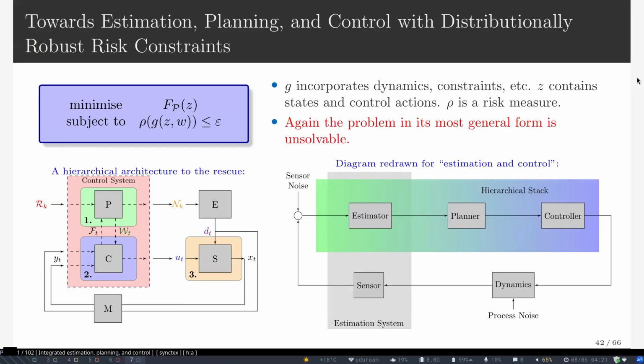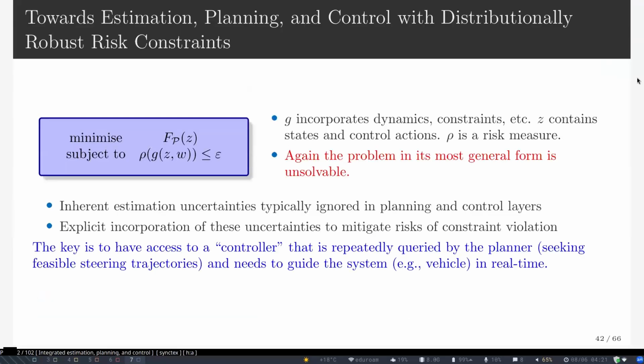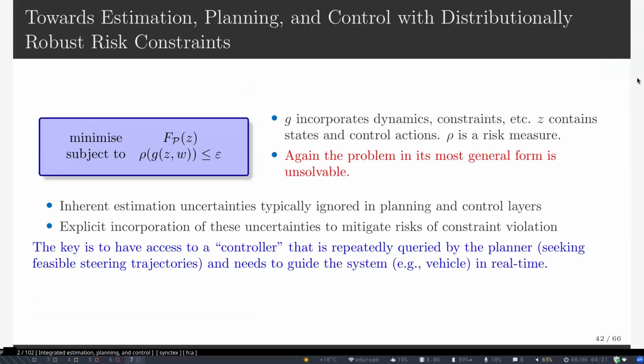You have, again, this is exactly what we saw. And we can now try to incorporate the things that come through the bad decision that we make in the estimation process to be incorporated in the risk of implementing a control as well.